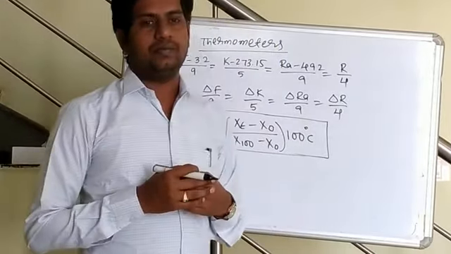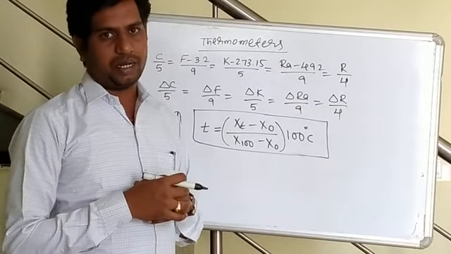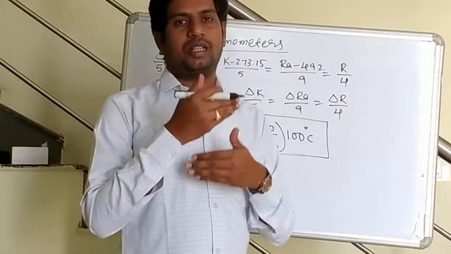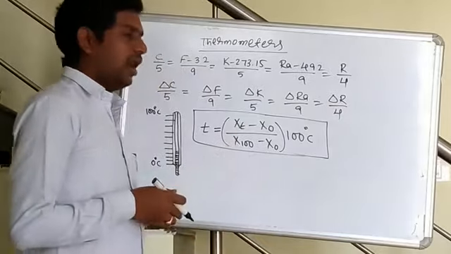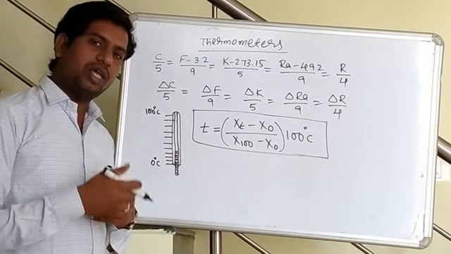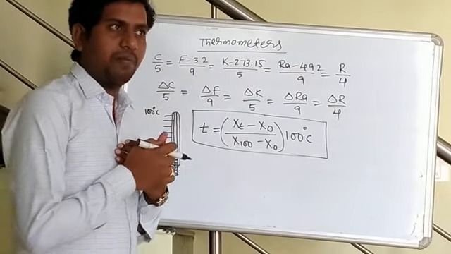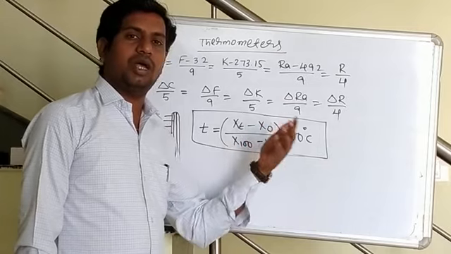For example, whenever we take a liquid in a thermometer, the liquid will expand, so we consider the volume of the liquid. And when we take a gas, there will be a change in volume and a change in pressure corresponding to the temperature, so in place of x we can take pressure or volume.